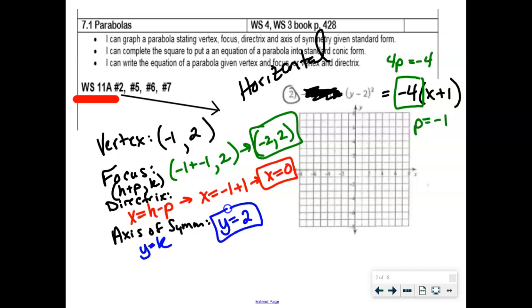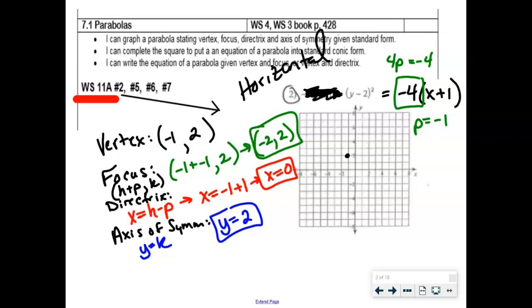And that's great, but I'm really not going to use any of that when I go to graph it. Okay? I'm going to plot my vertex. I know it's horizontal. What's the significance of p, though? What does p mean for a parabola? This is where the conceptualizing is really going to help you.